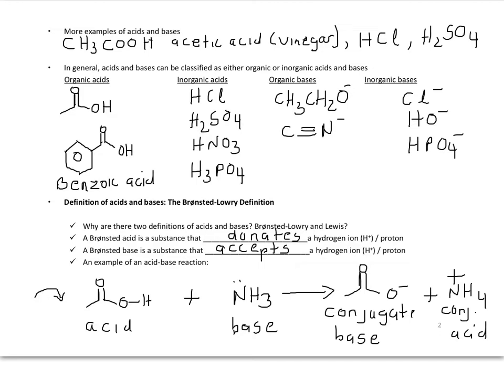So in terms of the Bronsted-Lowry definition, your acids are basically substances that donate a hydrogen ion, whereas your Bronsted bases accept hydrogen ions. So below is an example of an acid-base reaction, and we're going to use the curved arrow formalism to show the movement of electrons.